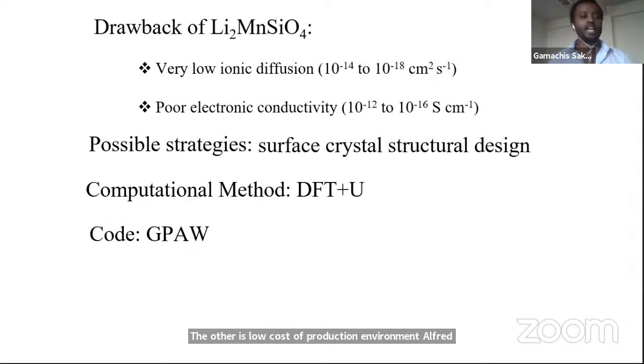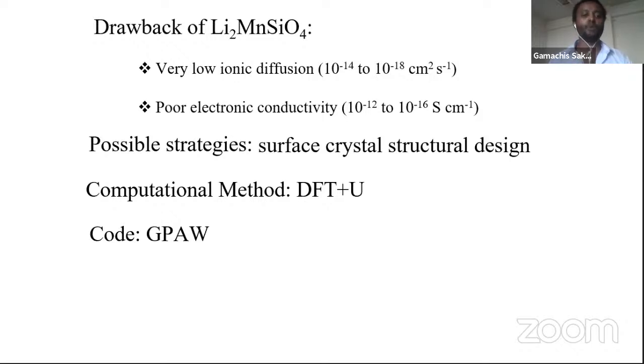However, as usual, there are some drawbacks in these materials. For instance, it has a very low ionic diffusion, on the order of 10^-18, and poor electronic conductivity, on the order of 10^-16.